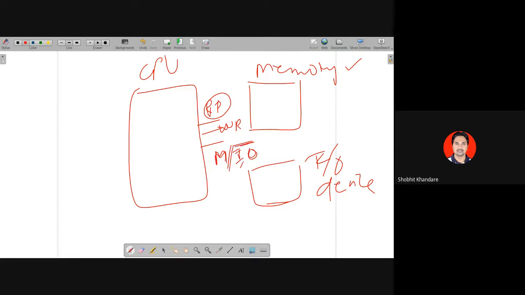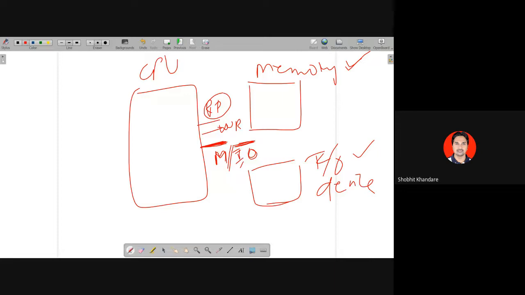Bar is there. IO bar means active low. If this pin is high, that means we are accessing the memory. If this pin is low, that means I am accessing my IO device, because IO is active low.